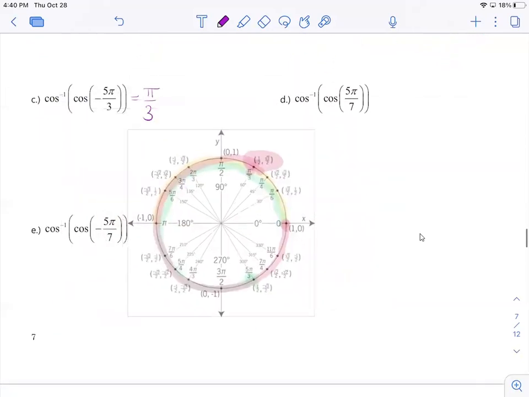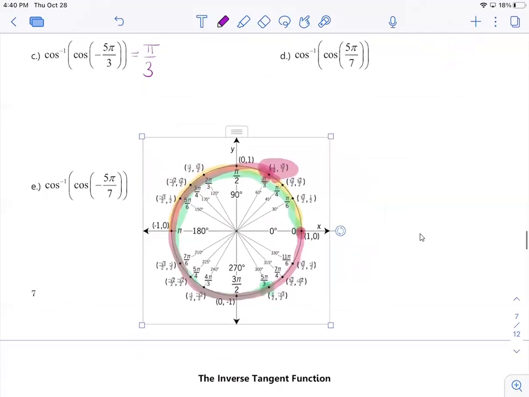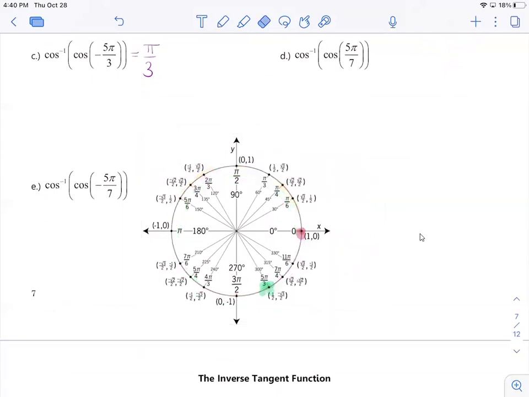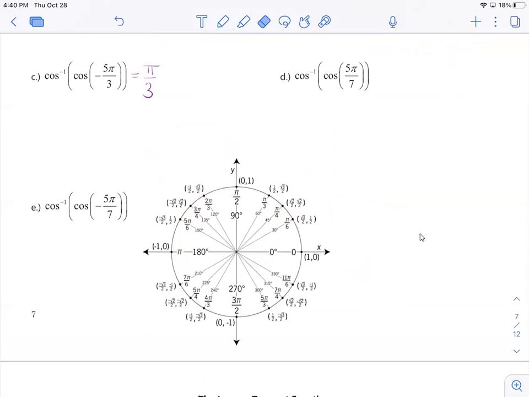All right, so now for these ones, these are fun. When you look at inverse cosine of 5 pi over 7, I have to figure out first, is this between 0 and pi? And this is on you all to get better with fractions, okay? Realize from here to here is 0 to pi. If I was going to write pi with a denominator of 7, that would be 7 pi over 7, right?